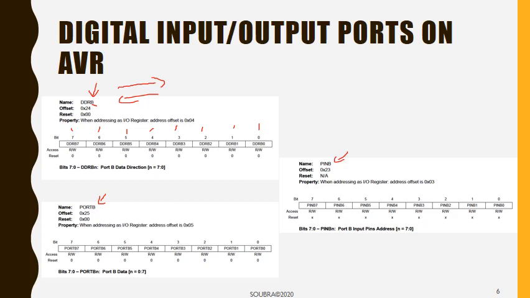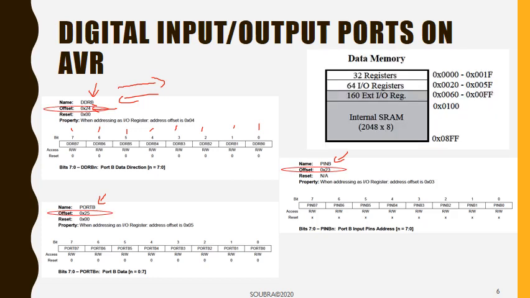Alright? Question: what is the offset? If you remember from last time, we talked about different addresses that we can have for the registers, whether they're the general purpose ones or the IO ones, and then of course the memory.